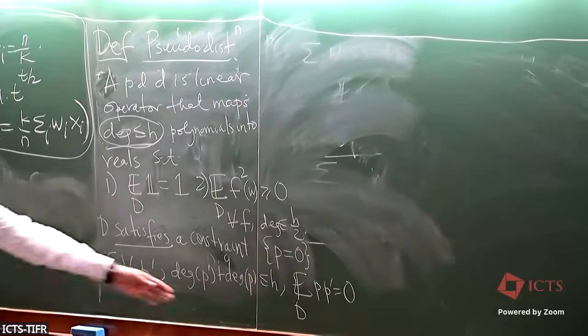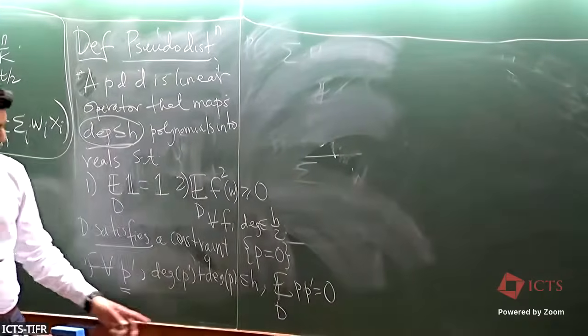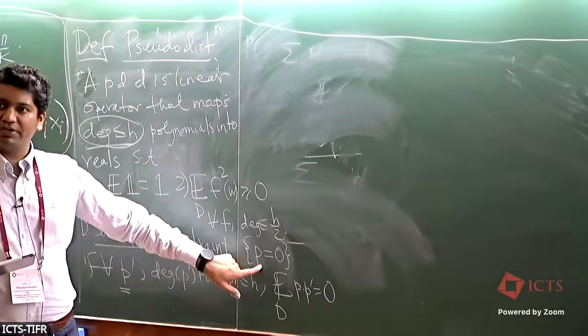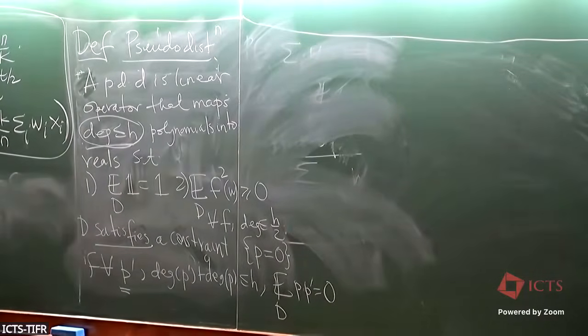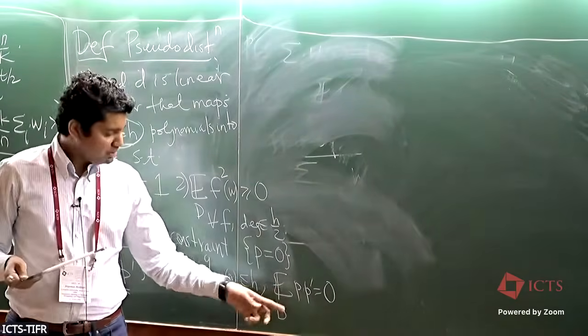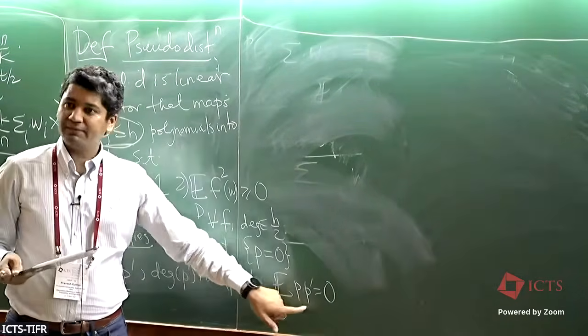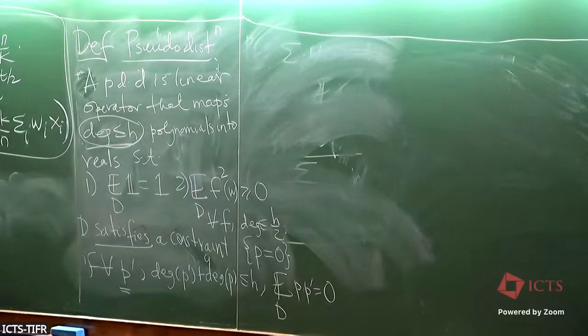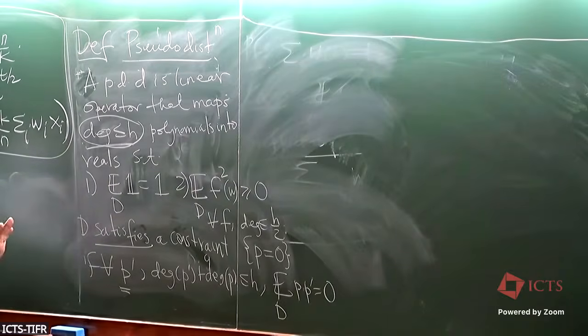It looks cumbersome, but it's nothing. Look at what happens for actual distributions and actual expectations. If I have a polynomial p which is 0 and my distribution is supported on solutions to p equals 0, and I take any polynomial p prime and compute the expectation of p times p prime, then because on every point in the support p is 0, this function is identically 0 on the support of the distribution, so this expectation will be 0, right? We're using that same property as the definition of what it means for a pseudo distribution to satisfy a constraint. Does it make sense?